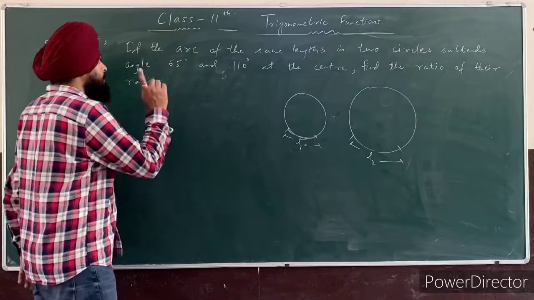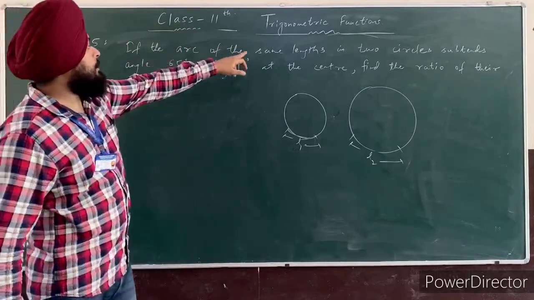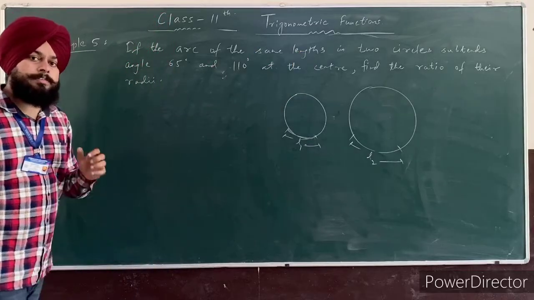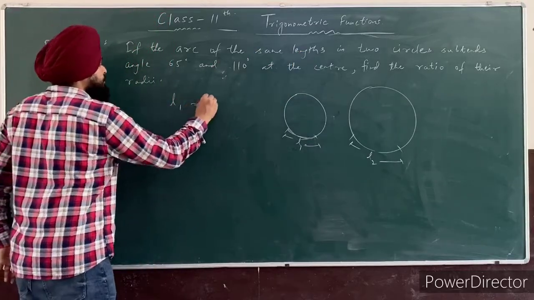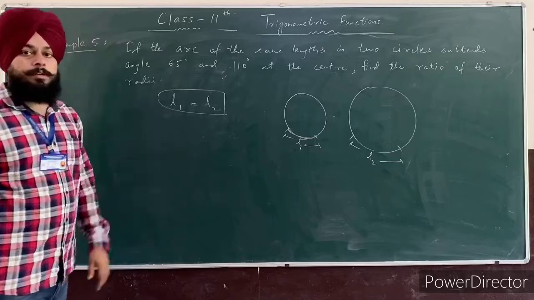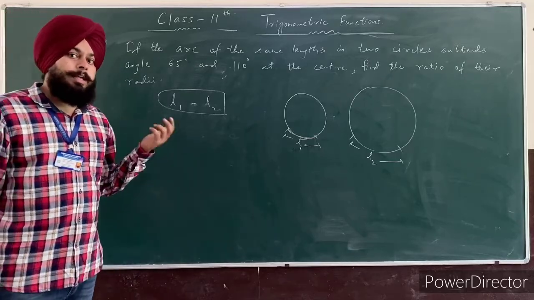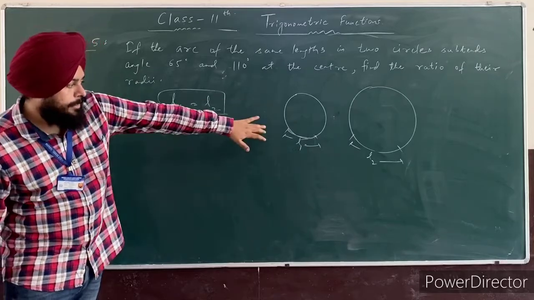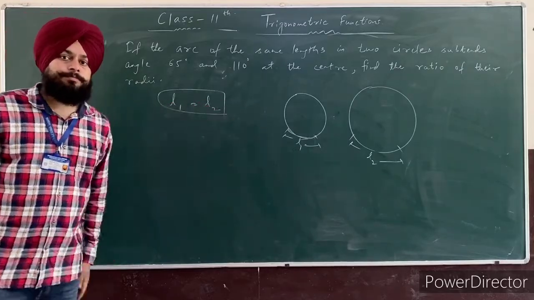Clear? In the given question, the condition is that the arcs are of the same length. It means L1 is equal to L2. There are two circles, but the length of the arc should be the same.